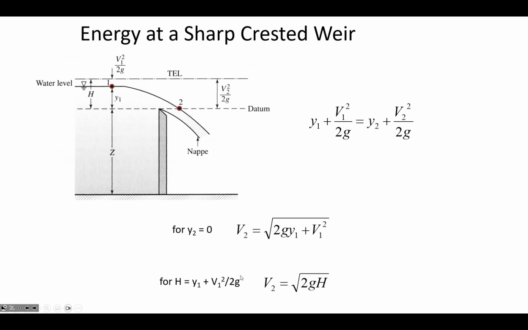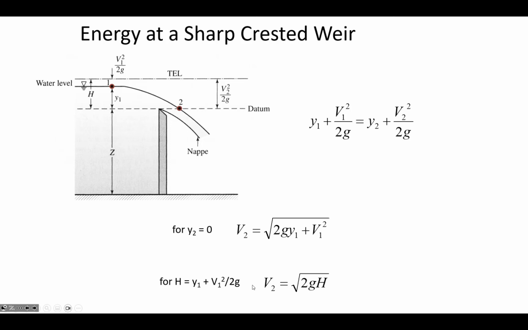And interestingly enough, what we end up with is the same formula for the velocity at 2 as the orifice equation. You may remember from fluid mechanics that there was a question of what happens when you've got a tank with a hole in it and water is flowing out of that tank, and what you would do is measure some distance from the water surface to the center line of the orifice, and then the velocity out is the square root of 2gH, where H is the distance from the water level to the center line of the opening.